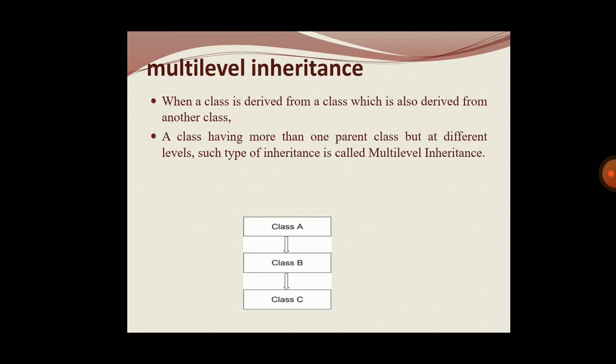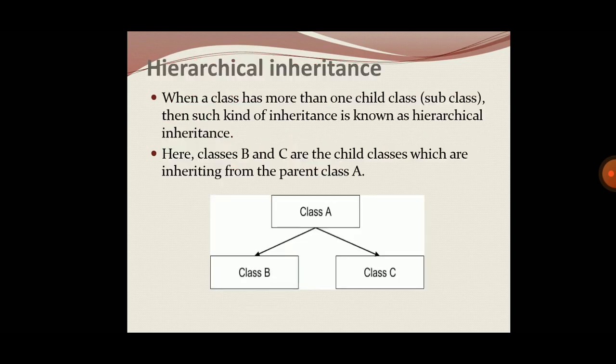In this example, class B inherits the property and behavior of class A, and C inherits the properties of class B. Class A is the parent of B and class B is the parent class of C. So class C implicitly inherits the property and method of A along with class B. So it is said to be multi-level inheritance.